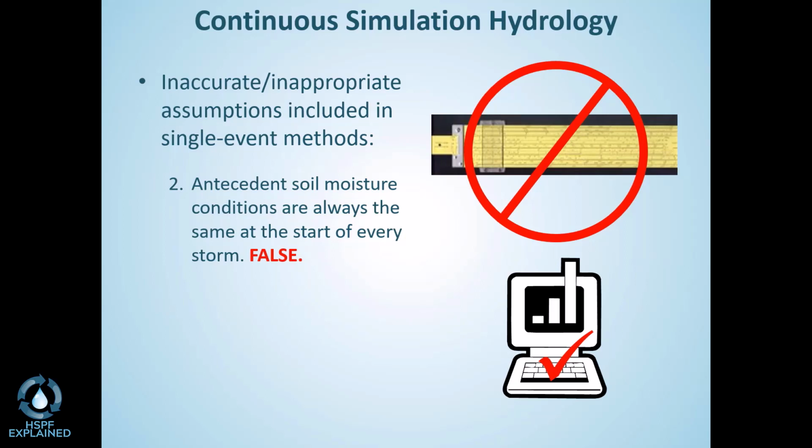In real life, you can have situations where you have a long dry period where the moisture in the soil is very low, and then you get a heavy rainfall, and you might generate very little runoff. Or you may have a condition where the watershed is very saturated because it's been rained on multiple times, and now you have a big rainstorm event, and it produces a lot more runoff as a result.